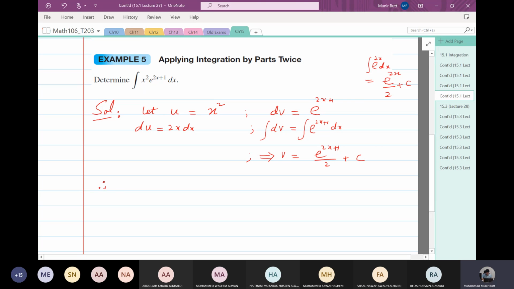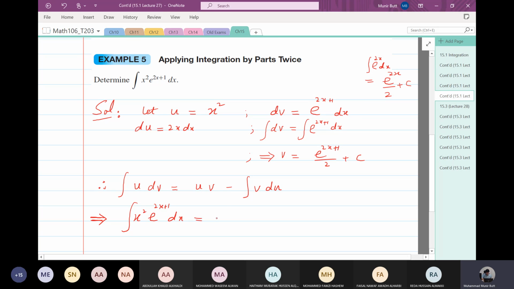So therefore, using the formula integral of u dv is equal to uv minus integral of v du, it gives: u was your x squared and dv is your e to the power 2x plus 1 dx, and you are going to integrate.